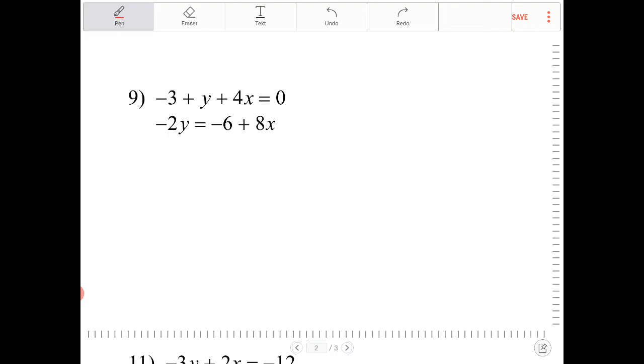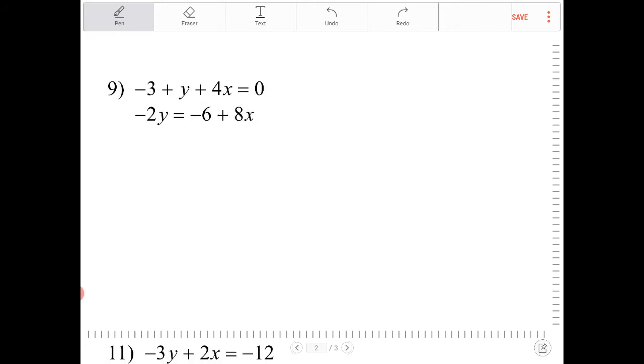I know that's very subjective, but I feel the elimination method helps the person solving the problem organize their thoughts a little better than substitution. With substitution, we tend to overlook a step, and sometimes we forget to distribute a negative. It can happen with elimination as well, but I think it's just a little more organized. So I want to solve this by elimination.